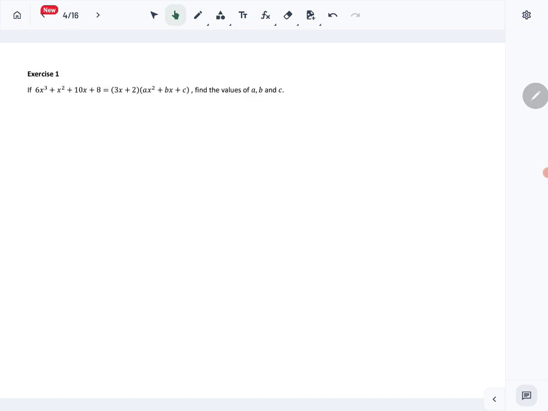Okay, let's do a more advanced example using equating coefficients, right? Okay, so look at exercise 1. They have given this expression: 6x cubed plus x squared plus 10x plus 8 is equal to 3x plus 2 times ax squared plus bx plus c, and we are supposed to find a, b, and c, right? So look, left hand side, it's clear, it's a degree 3 polynomial.